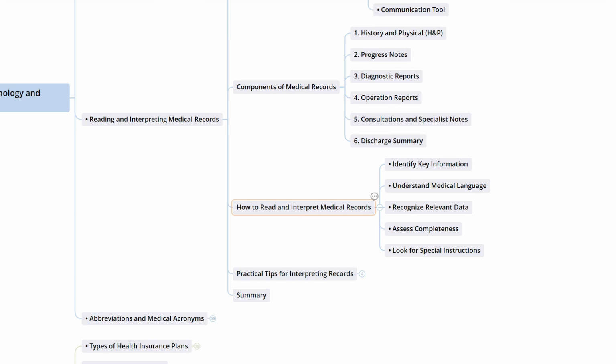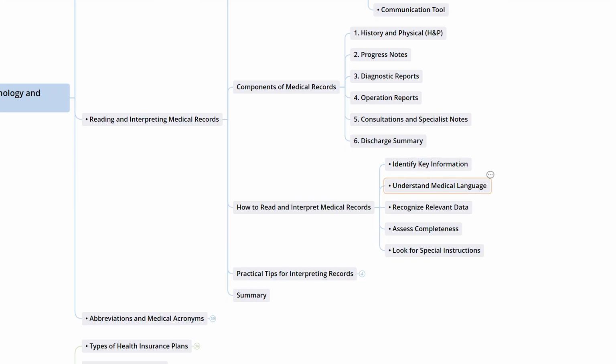How to read and interpret medical records. Identify key information: look for documented diagnosis, procedures, and findings relevant to your coding tasks.